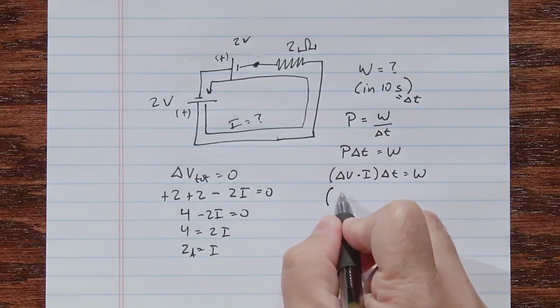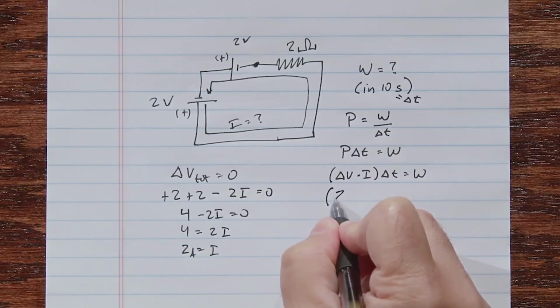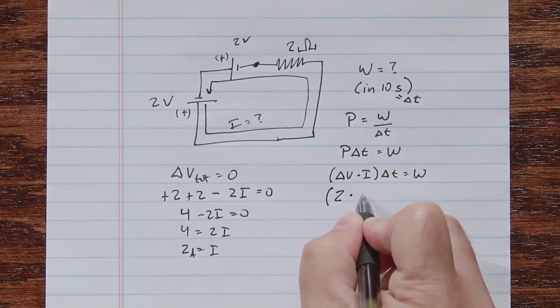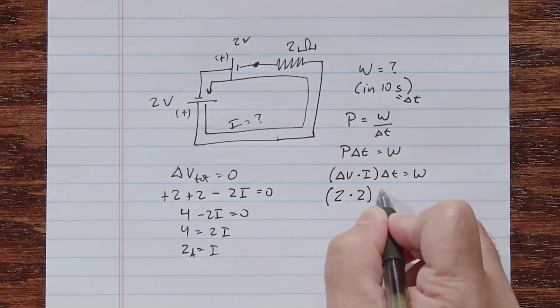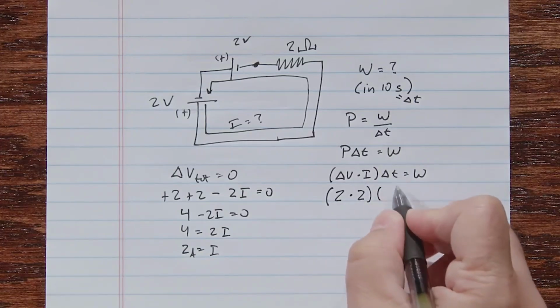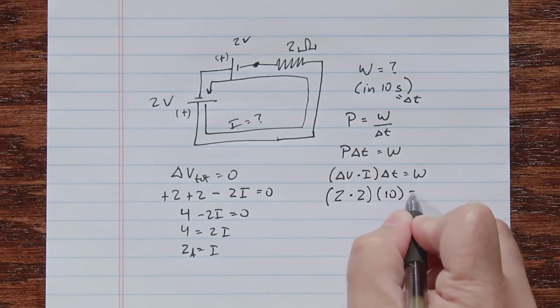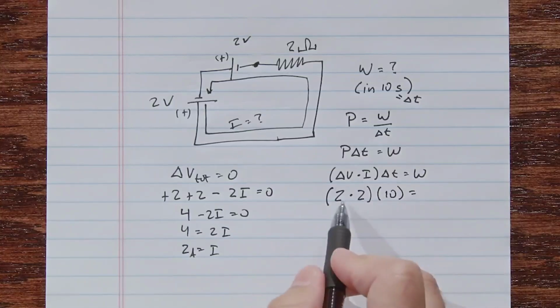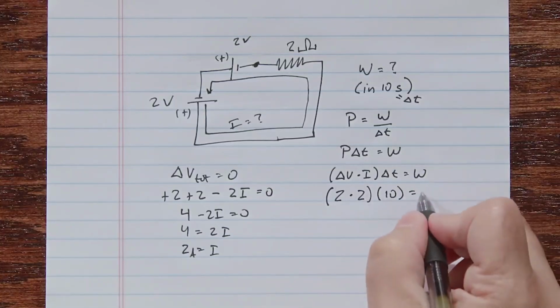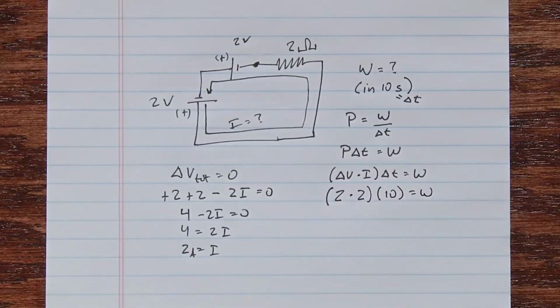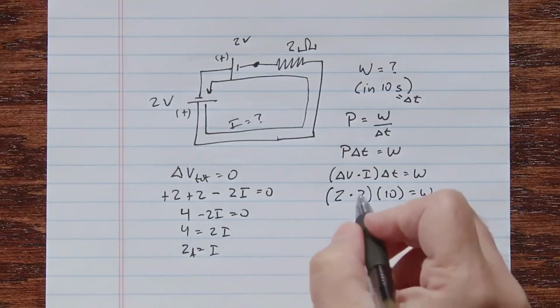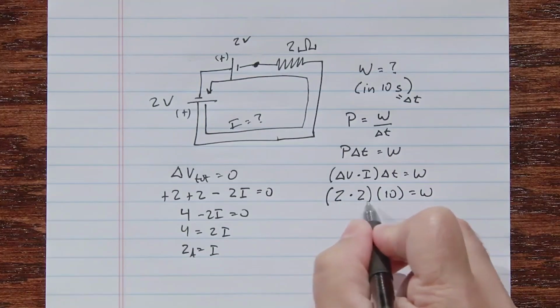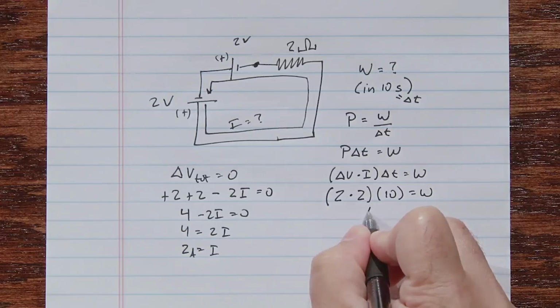So for one battery, we have a delta V of 2 volts times a current of 2 amperes times a change in time of 10 seconds, and those are all basic metric units: volts, amperes, and seconds. That is equal to the work done by an individual battery. So that would be 2 times 2 times 10 is 40.